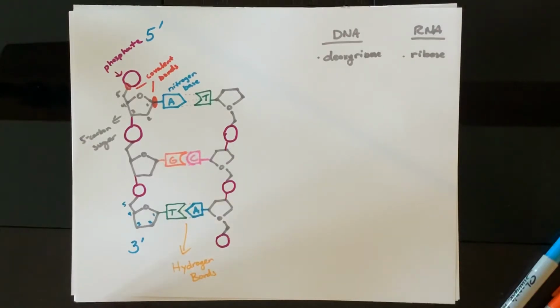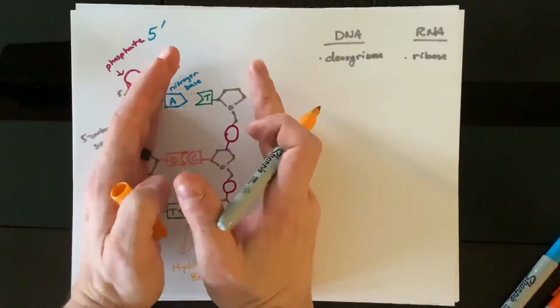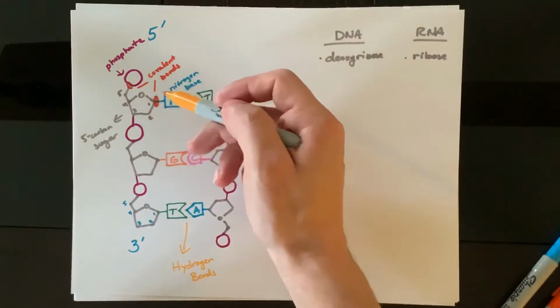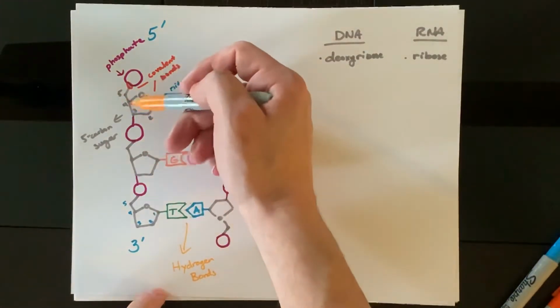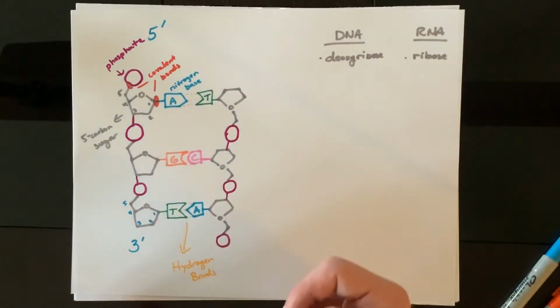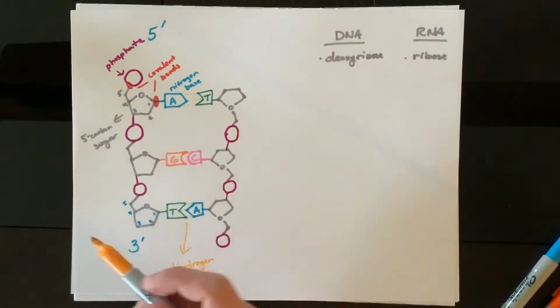What these hydrogen bonds do, guys, is it keeps our two strands of DNA together. Now, we have covalent bonds holding our nucleotides together and holding the nucleotides to other nucleotides, but then we have the hydrogen bonds in the middle. The hydrogen bonds are much weaker than our covalent bonds.